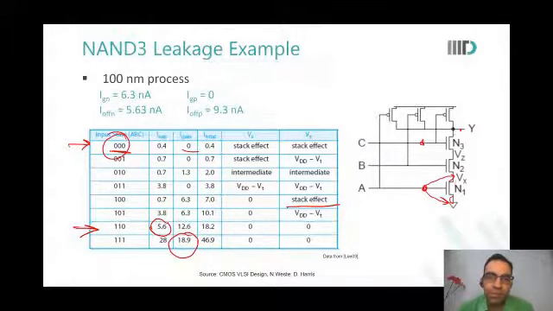In 011, my Vx and Vz are both VDD minus VT. Even for the devices where the gate is at 1, the differential across the gate is just VT. So there is no tunneling that will happen.